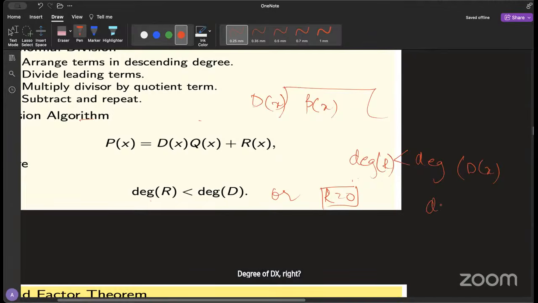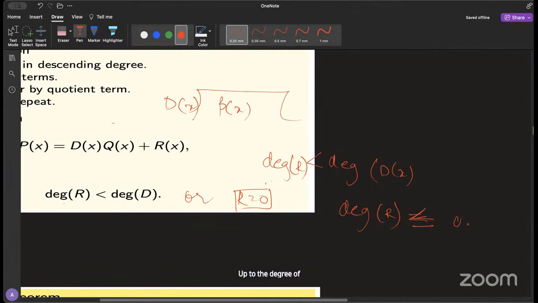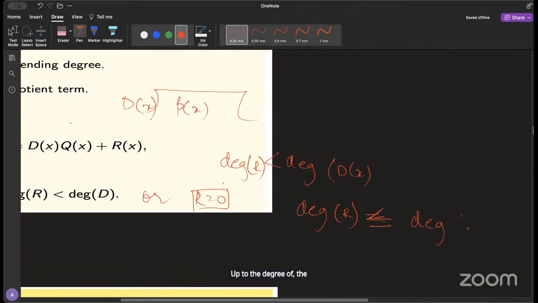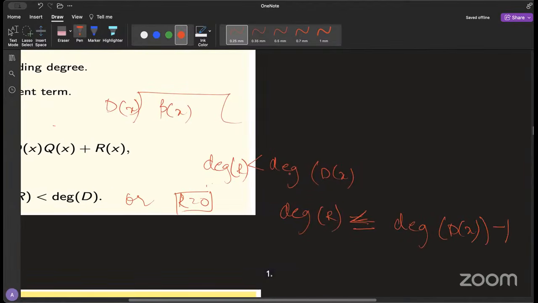Then what's the maximum value the degree of r can take? Up to the degree of the divisor d(x) minus 1. Because degrees are always natural numbers, that's why you do minus 1 here.